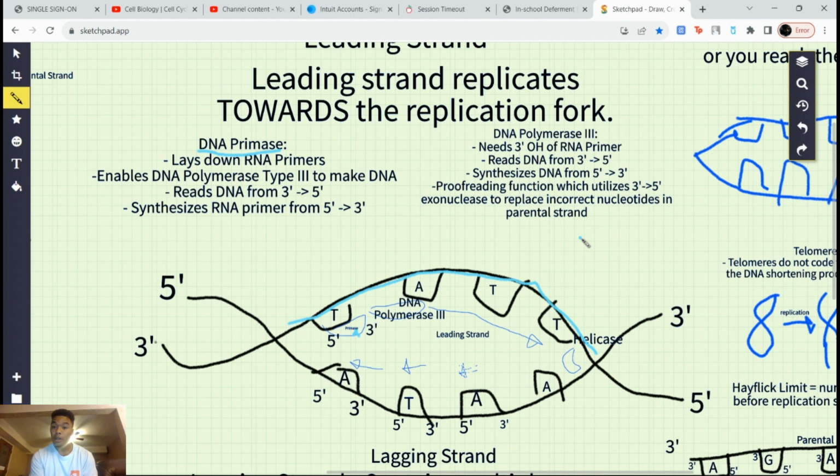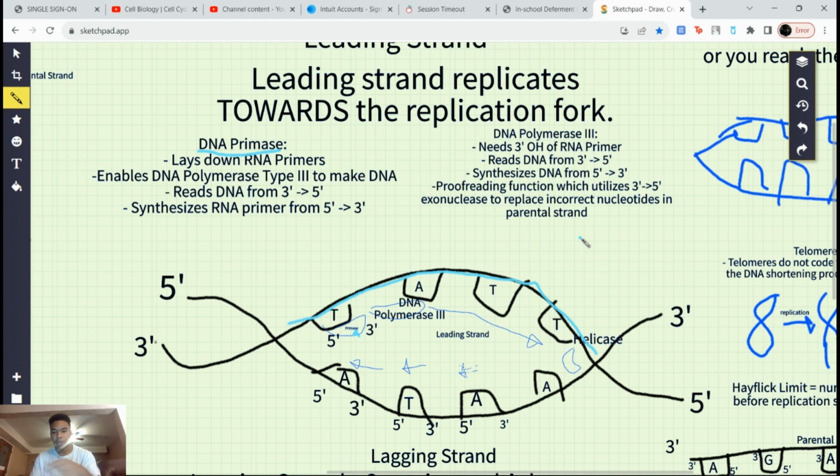DNA polymerase 3 also has a proofreading function which utilizes 3' to 5' exonuclease to replace incorrect nucleotides in the parental strand. While it's adding these nucleotides to the leading strand, it's also reading that parental strand and being like, okay, is this the correct one?